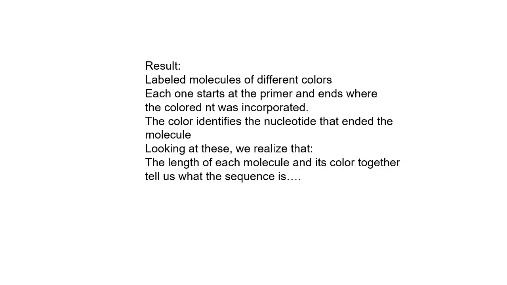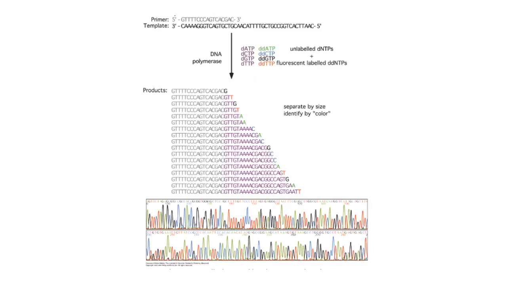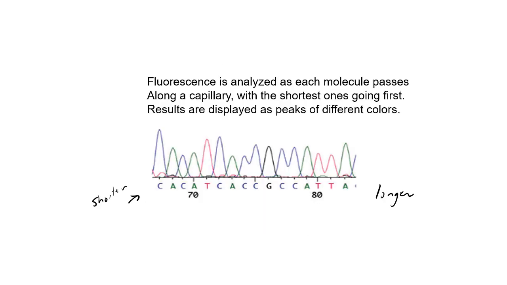All right, so more typically, this slide's correct, but it's kind of too busy. This is easier. What you see is a series of peaks of different colors, where each color tells you what the nucleotide was at that position.